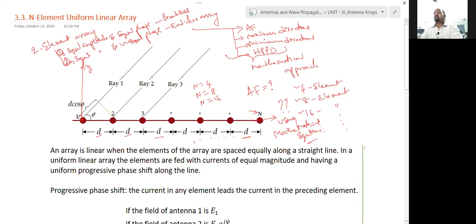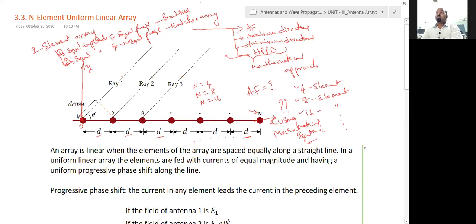There is no significance to the axis labels. At the origin, antenna 1 is placed, and to the right side of antenna 1, at a distance d, antenna 2, and at a distance d, antenna 3, and at a distance d, antenna 4, and so on up to N.